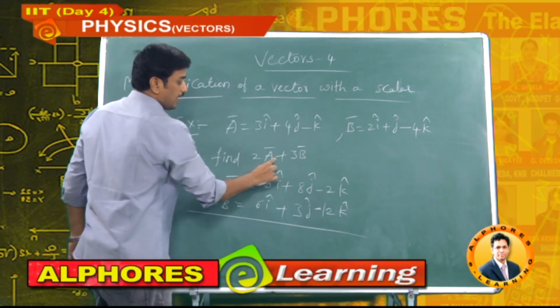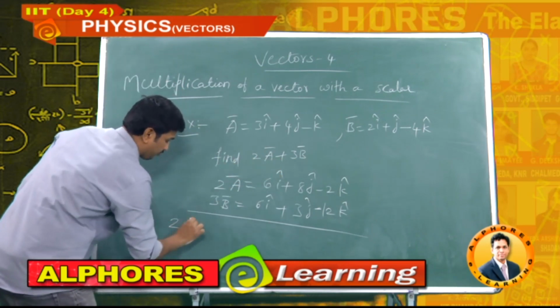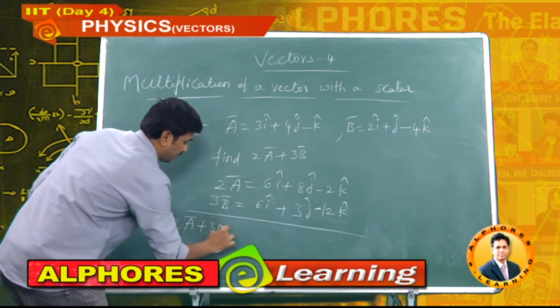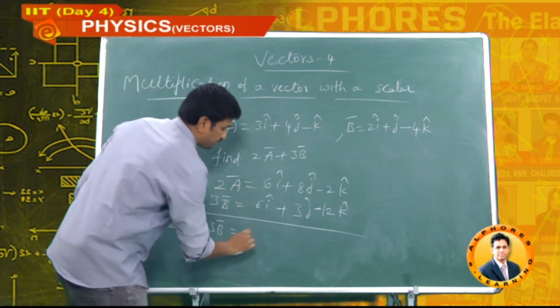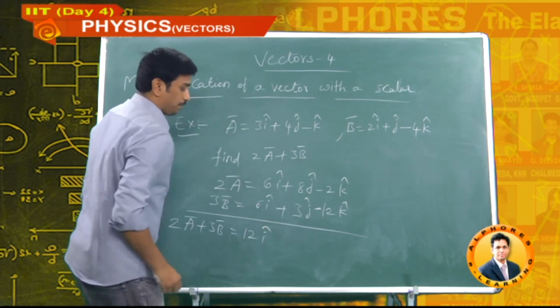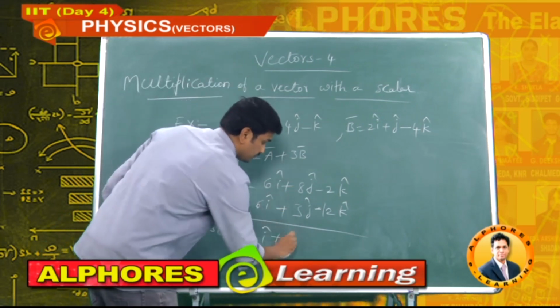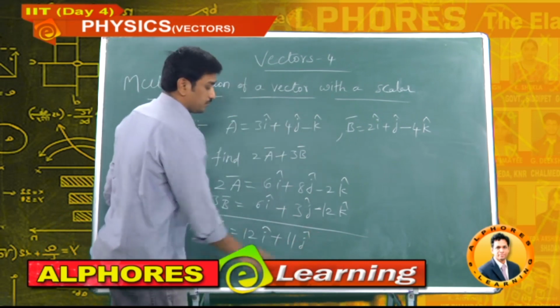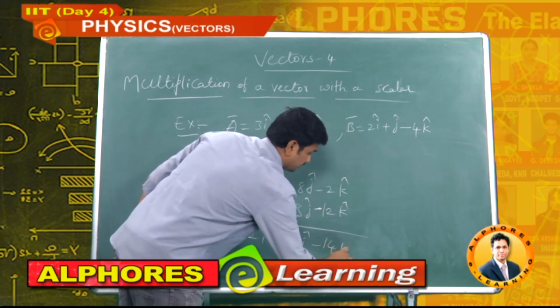Now we have to add this 2a bar and 3b bar. Therefore, 2a bar plus 3b bar is equal to 6i cap plus 6i cap, 12i cap, plus 8j cap plus 3j cap, 11j cap, minus 2 minus 12, minus 14k cap.